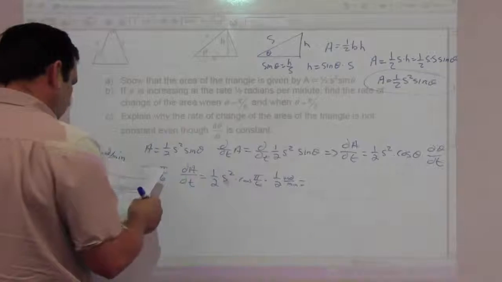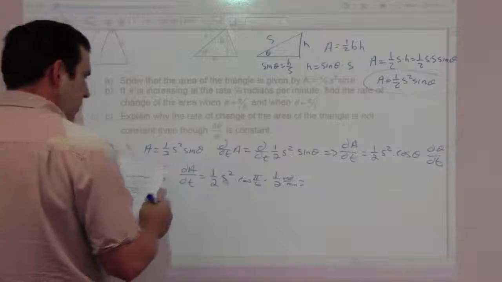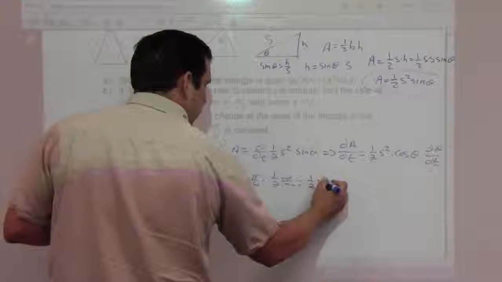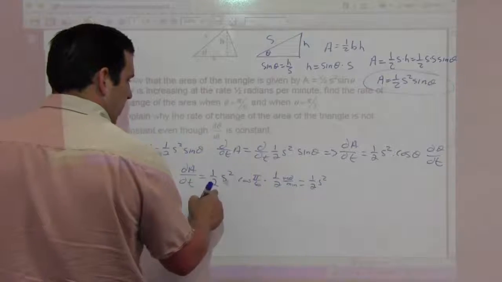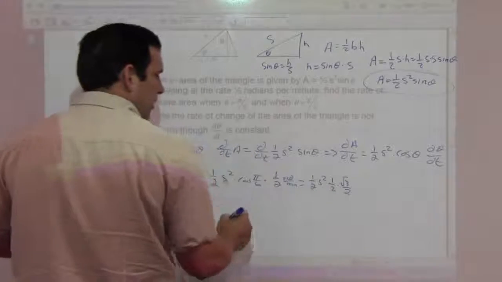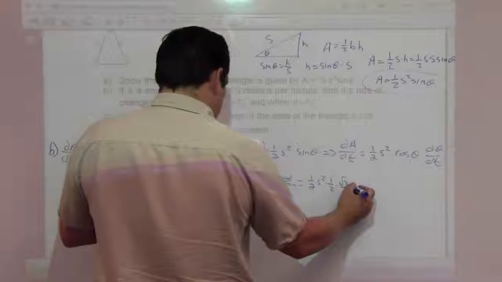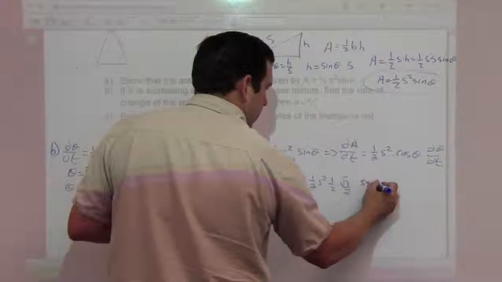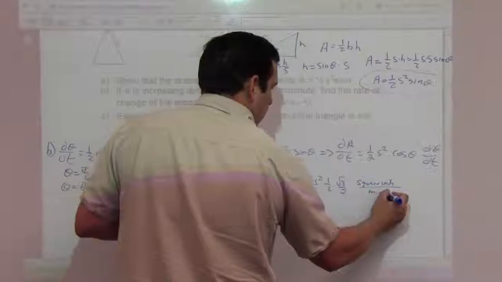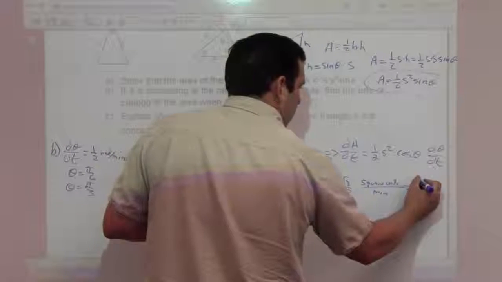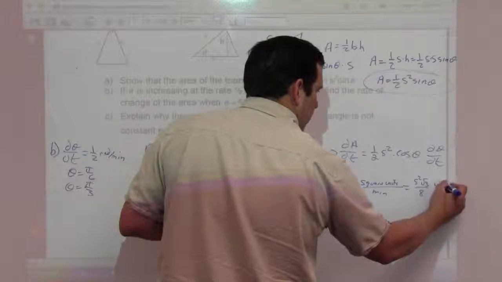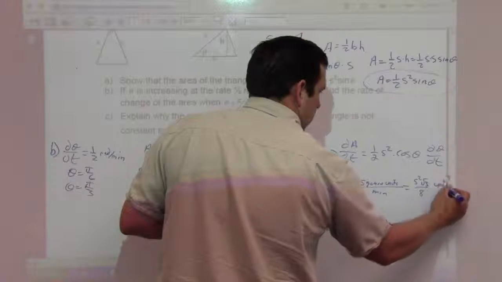And that comes out to be 1/2 s squared times 1/2 times square root of 3 over 2. That's our cosine pi over 6. And this is square units per minute. And that's really going to be s squared root 3 over 8 units squared per minute.